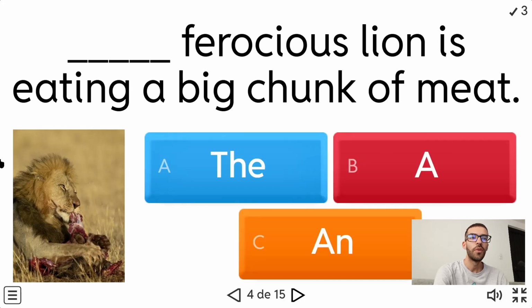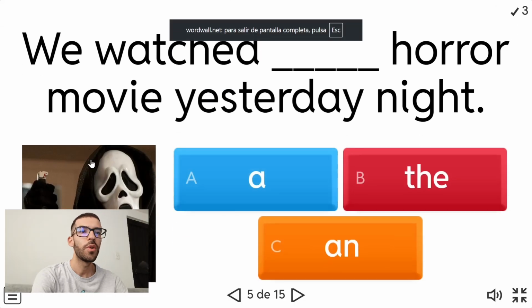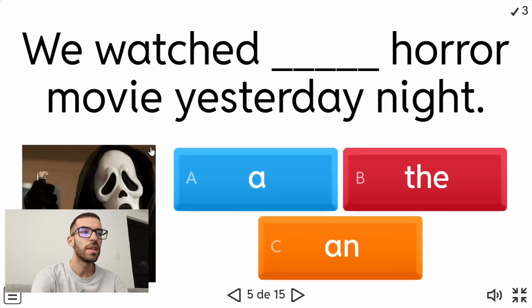All right. If we continue, we have gap ferocious lion is eating a big chunk of meat. So what is the correct answer here? Okay, another sentence. It says we watched gap horror movie yesterday night. So what is the correct answer?